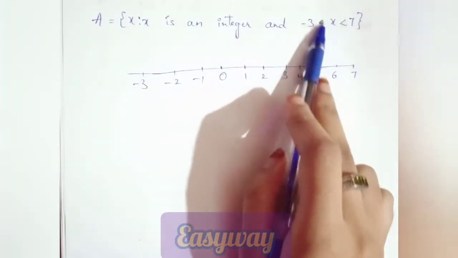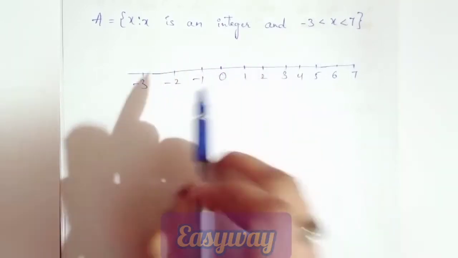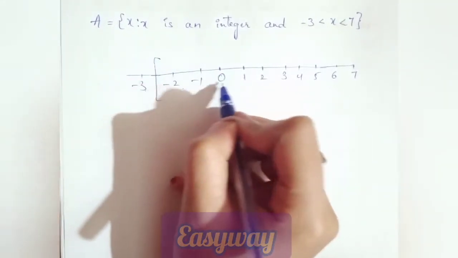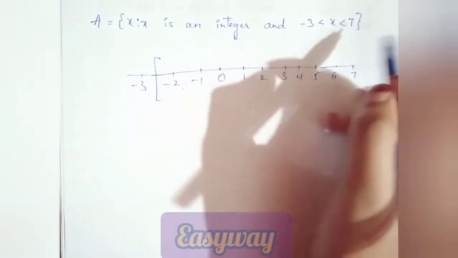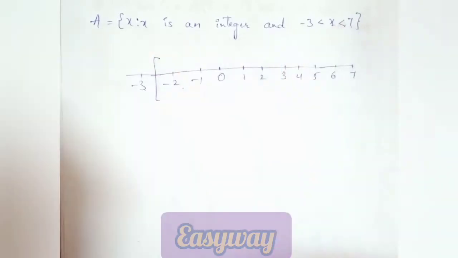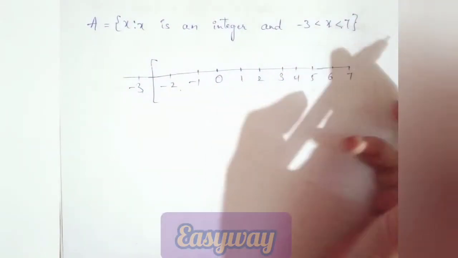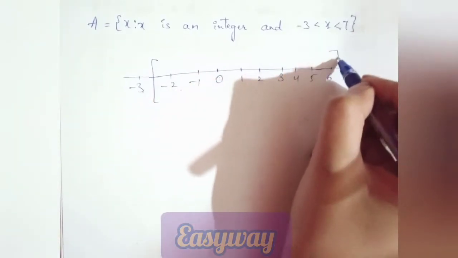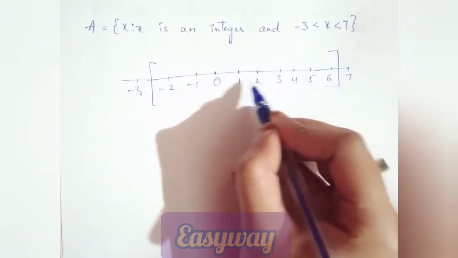They have given x is greater than -3. So what is greater than -3 here? -2, -1, and x is less than +7. So what are less than +7? It is 6, 5, 4, 3, 2, 1.